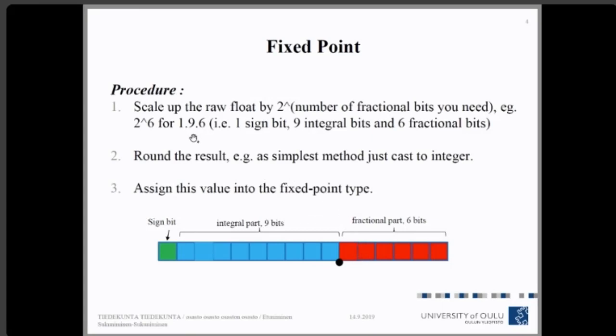It's like you have 1.3, the same thing but in binary. Then we have the integral part, which is the integral number in our fractional arithmetic, and one bit for the sign bit. So in this example, we have a 16-bit integer: 6 bits are dedicated to the fractional part, 9 bits to the integral part, and 1 bit to the sign.